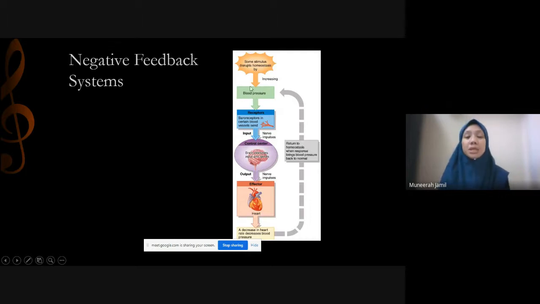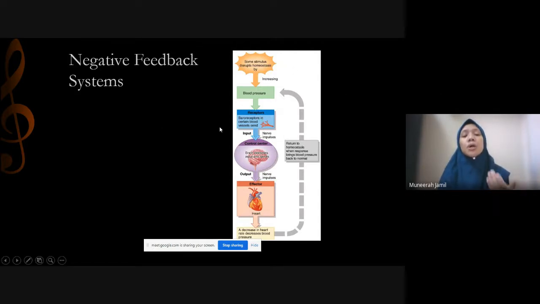So when the blood pressure is increasing, okay, here the receptor in certain blood vessels, what we call as the baroreceptor, located in the blood vessels, detected that there is a change happening in the blood pressure, which is high blood pressure lah.